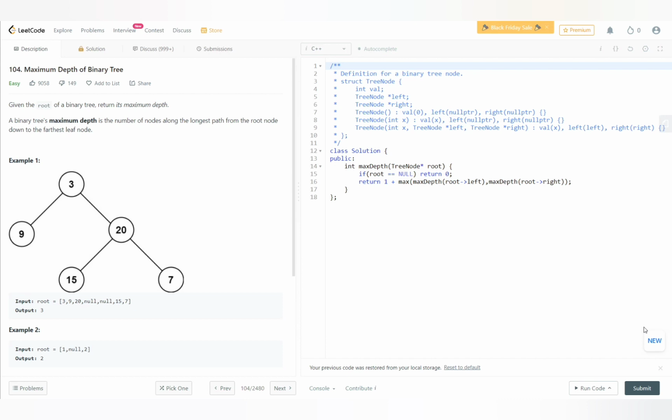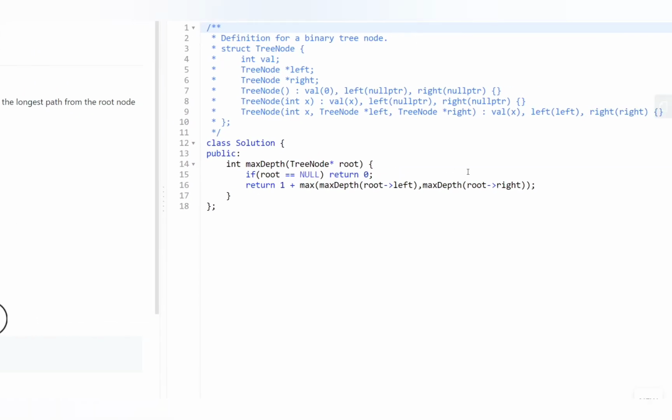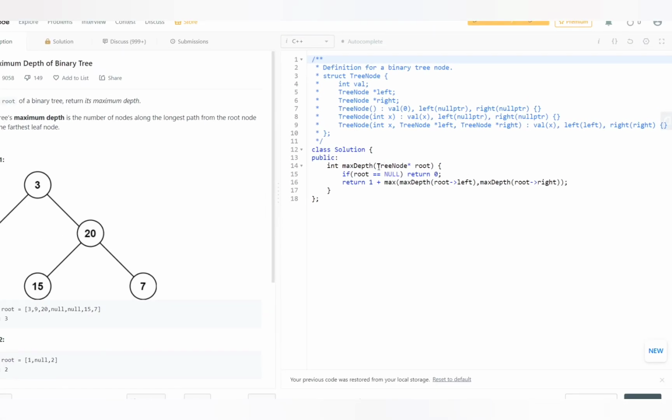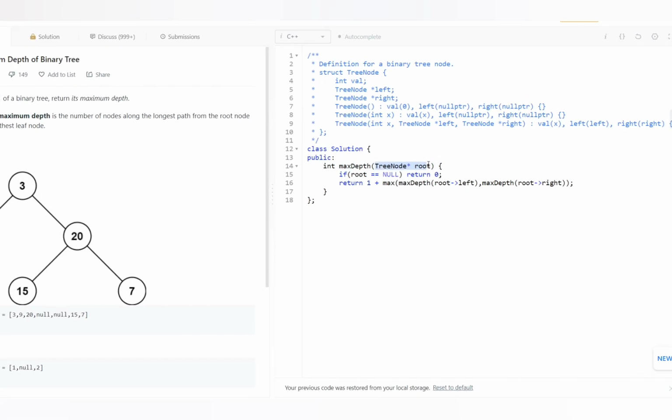So now let's look at the code. We have this function, max depth, and we are given the root node. We talked about the base condition: if root is equal to null, we'll return 0.